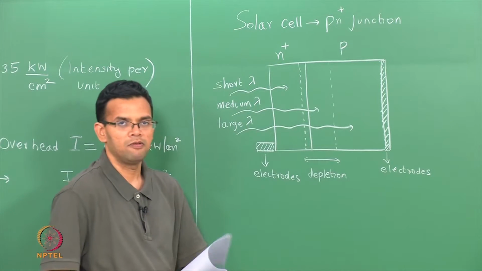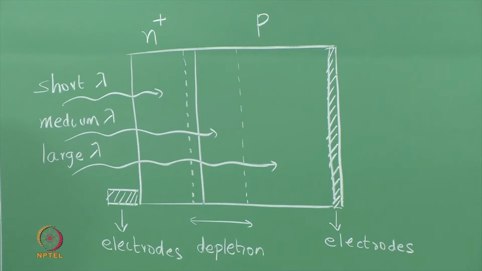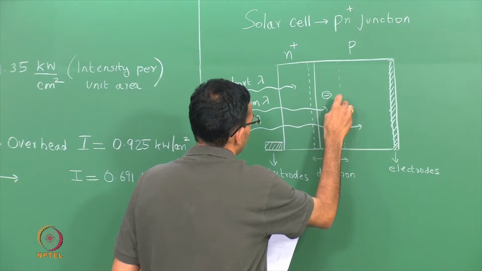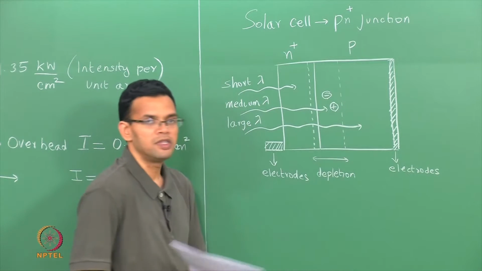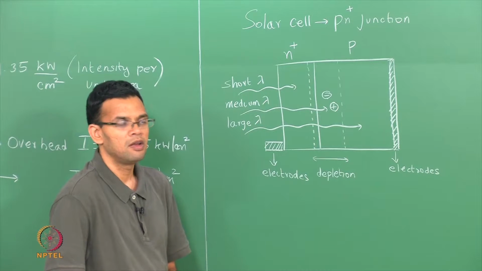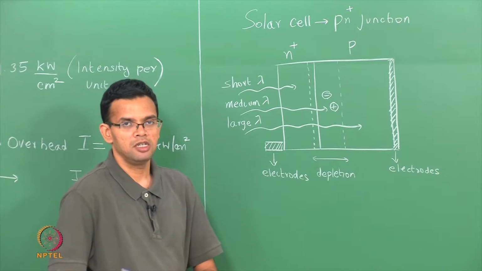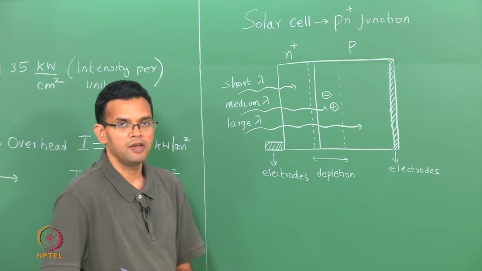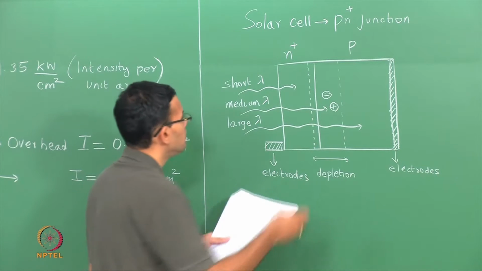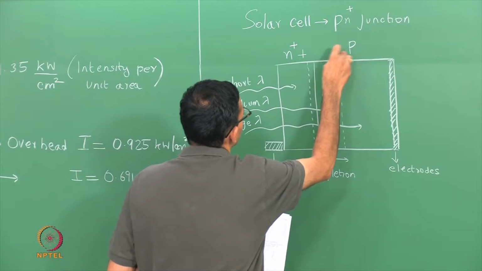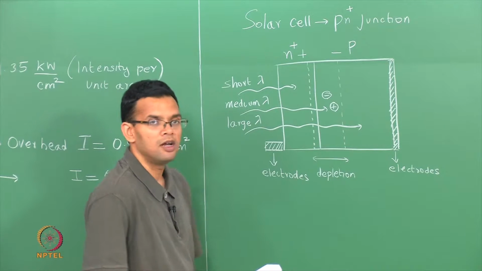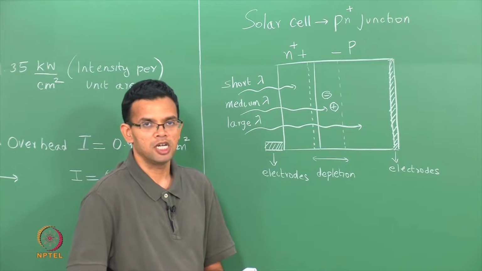When the light gets absorbed, it generates an electron hole pair. For example, the medium wavelength region generates an electron hole pair within the depletion region. We have looked at a p-n junction in equilibrium. We know that whenever we have a junction, we always have a contact potential. So we have a plus and a minus. We saw this earlier when we were talking about p-n junctions.